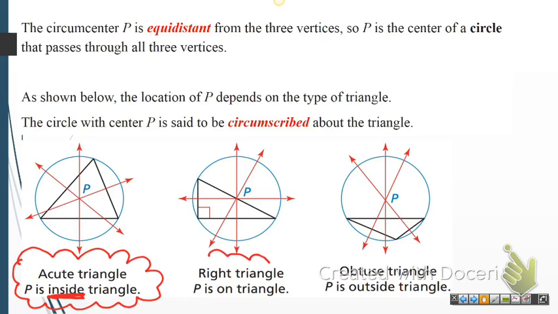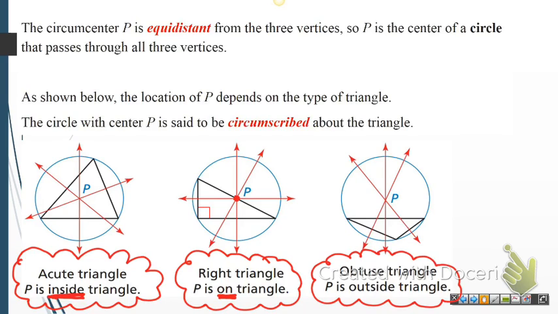If the triangle is a right triangle, the circumcenter is on the triangle, right? In other words, it's on the hypotenuse, right there. If the triangle that you're finding the circumcenter of is obtuse, then the circumcenter will be outside the triangle. So P inside for acute, P on the triangle for right, and P outside the triangle if the triangle is obtuse.